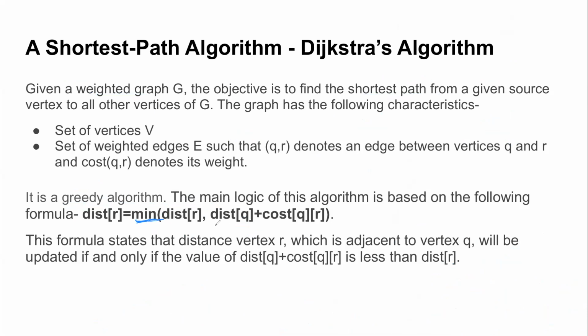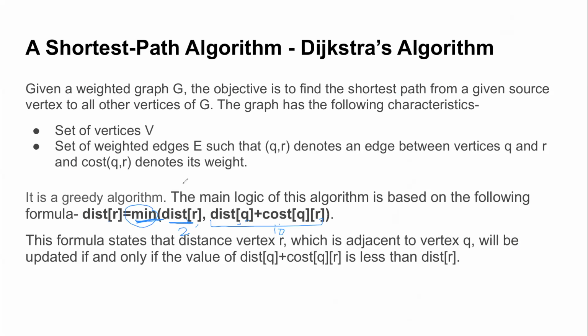Suppose this value is say 10 and the existing value of the direct link was 2. Will this ever be able to replace the existing value? Yes, class, will this value ever be able to replace this? Note that there is a minimum in front of it.